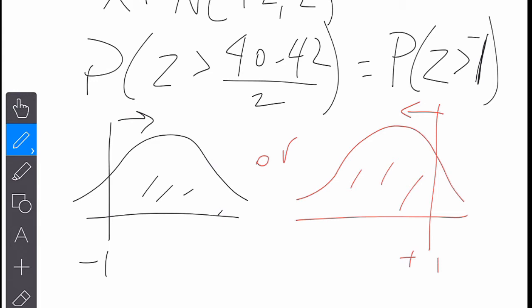So let's just do that. What's the probability that the outcomes are less than 1? 0.8413. So the answer is 84.13%.